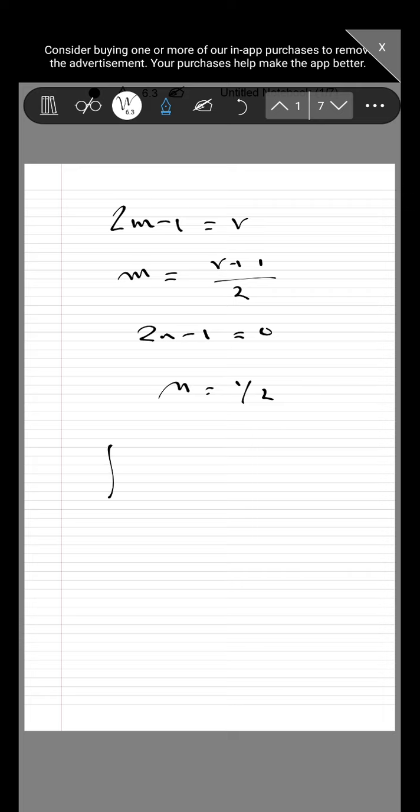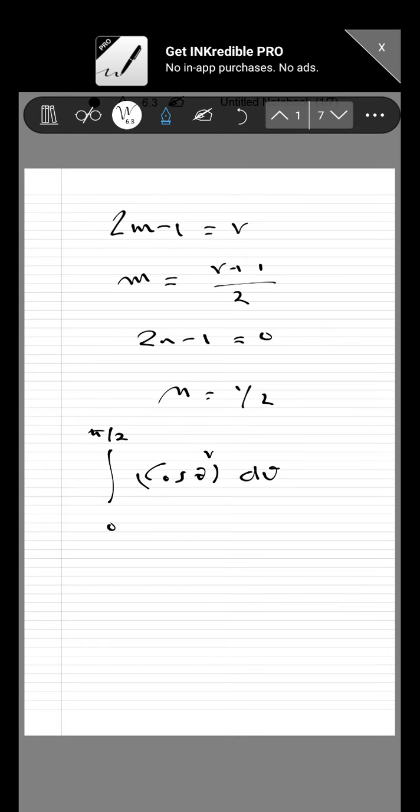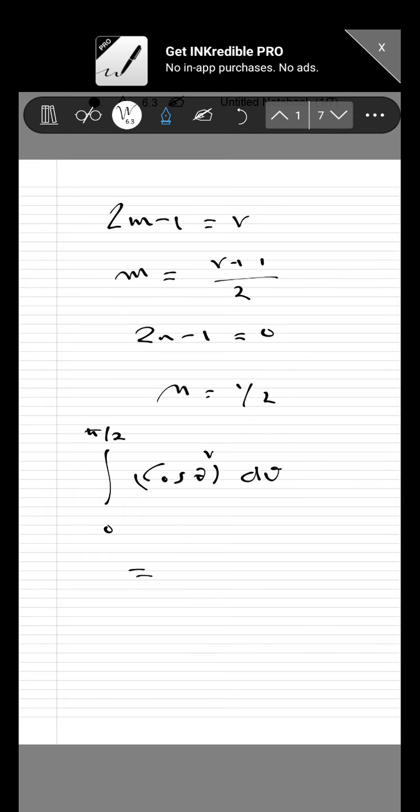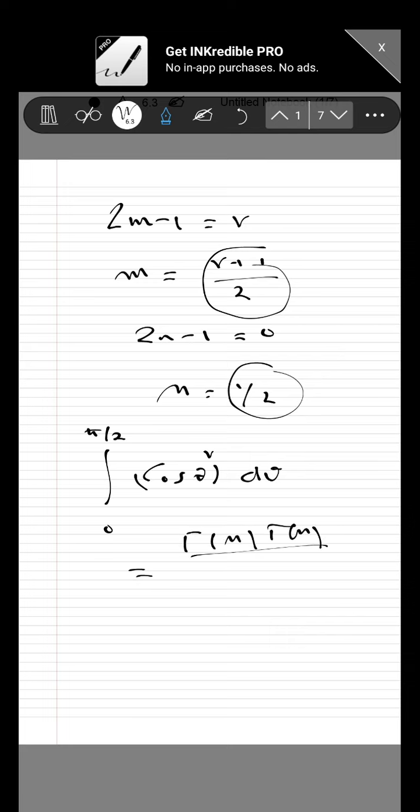So the beta function now becomes the integral from 0 to π/2 of cos^r θ dθ, and this is nothing but, from the relation we know, Γ(m)Γ(n) divided by Γ(m+n).